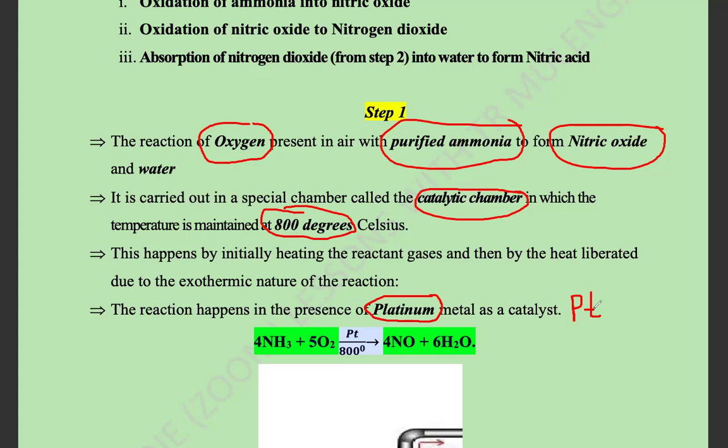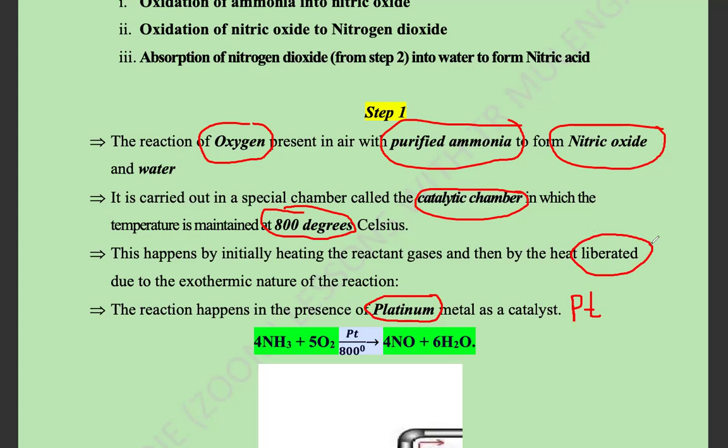In the reaction itself, heat is produced and a lot of heat is liberated. At the end of the day, the heat that remains within this catalytic chamber is way below 800 degrees centigrade.